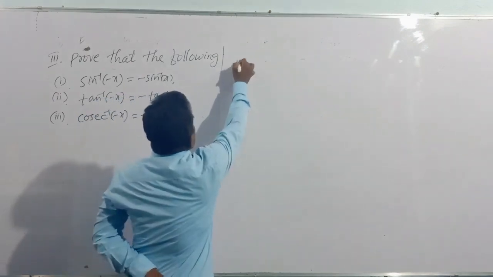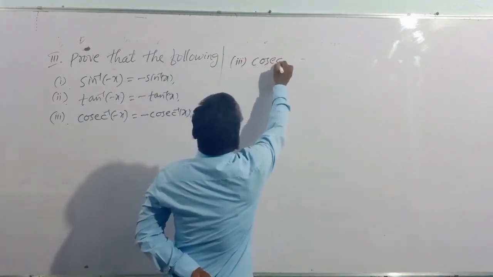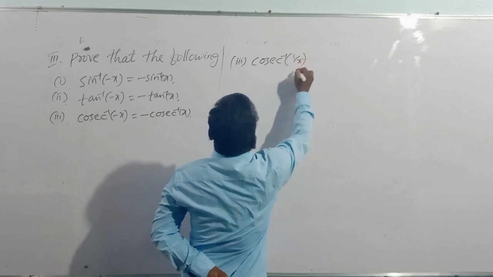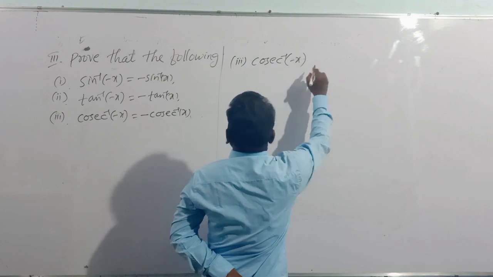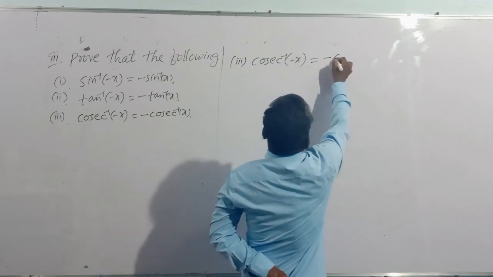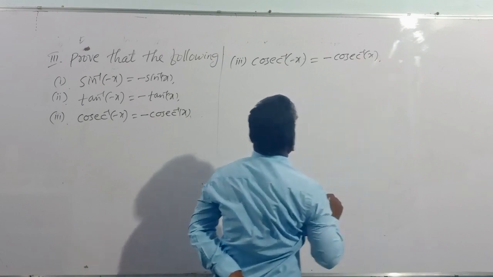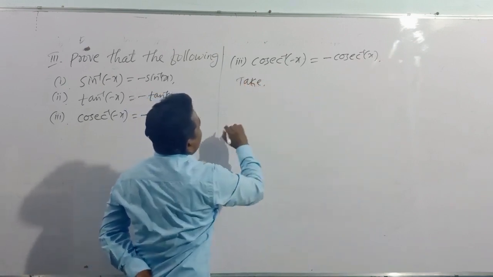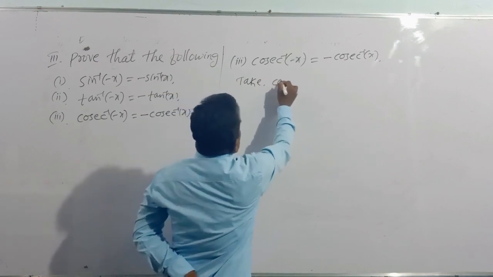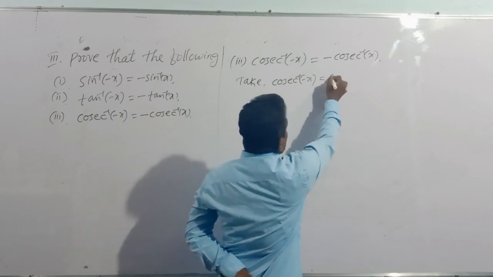Here we have to take cosec inverse of minus x equal to theta.